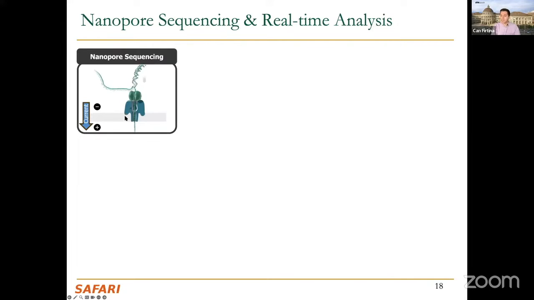As it moves, there is a tiny pore located here that we call a nanopore. This particular DNA, as it moves towards the positively charged side, attaches to this nanopore and then continues its move.